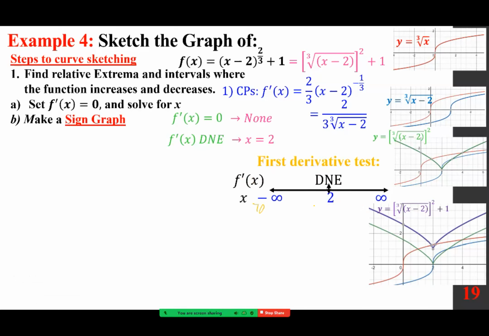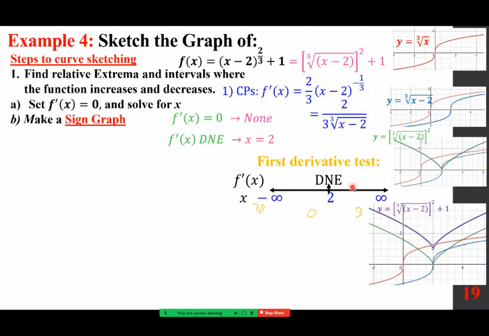If you plug 0 into f prime, notice 0 makes this negative. Cube root of a negative is negative, and positive over negative is negative.